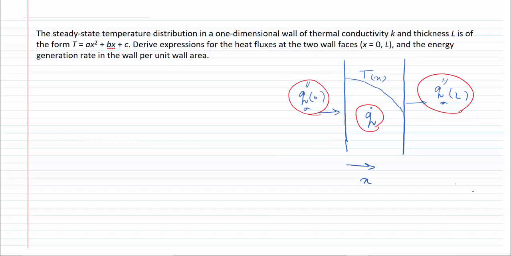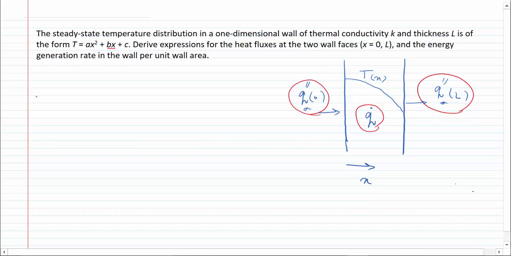In order to solve this problem, in order to find the value of heat generation, we will need to write the general heat diffusion equation. We can simply write the heat diffusion equation for a very general case first, and then simplify that.